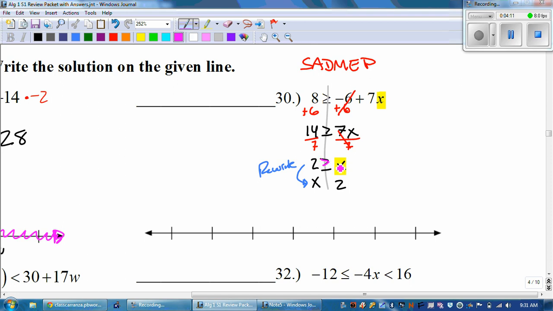It's pointing at the x, right? So when I rewrite it, I want to make sure it is still pointing at the x. So that's really saying x is less than or equal to 2. So once again, we're going to put some numbers on here. And then am I open or closed? Yeah, I'm closed. And then I'm going to shade to the left.